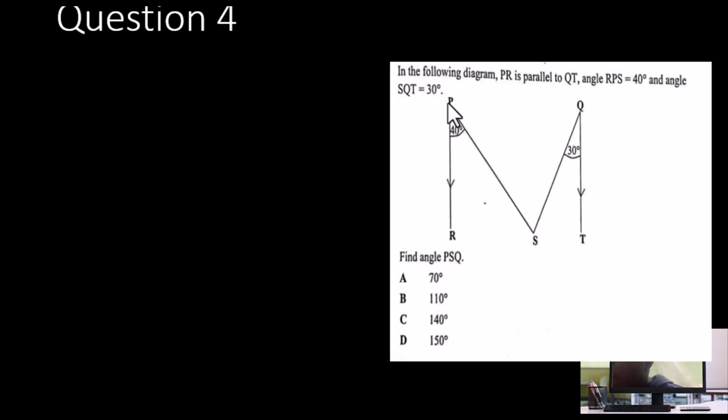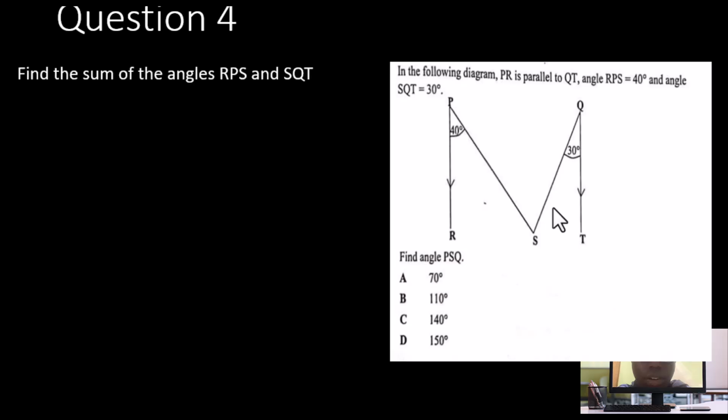So the angle they want us to find is basically this one. How are we going to work out this question? The sum of the angles RPS and RQ, when we add them, is going to give us 70 degrees.